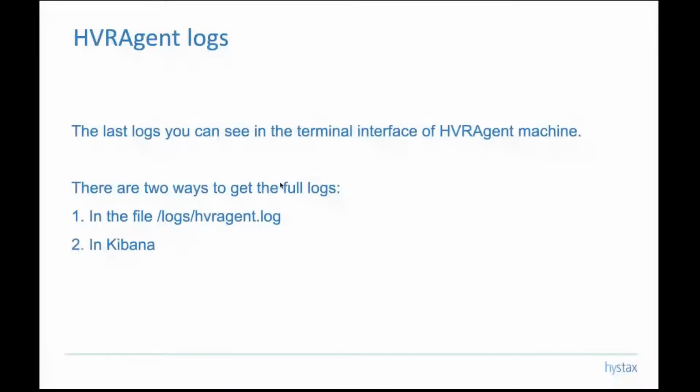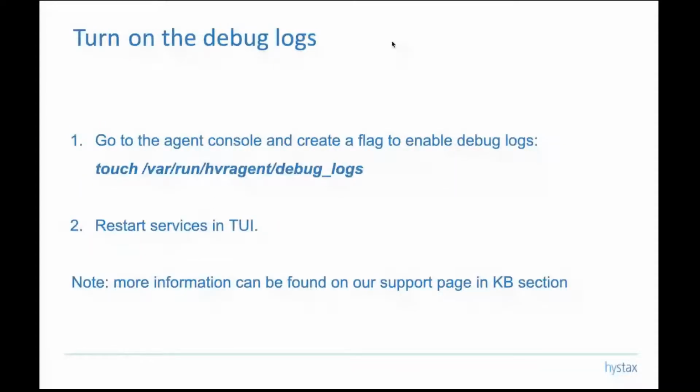The way to turn on the debug logs here is a little bit different, again, because the agent itself differs from the previous two ones. To turn on the debug logs there, we need to get to the agent console, to get directly to the container with the replication agent, and create a special flag to enable the debug logs.